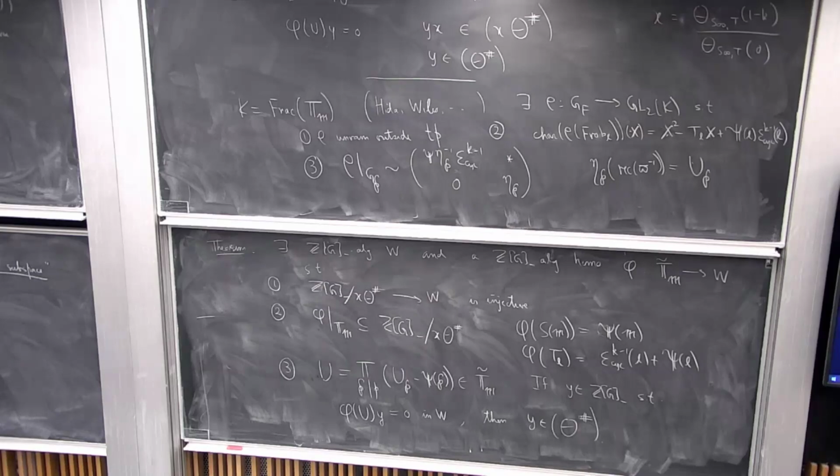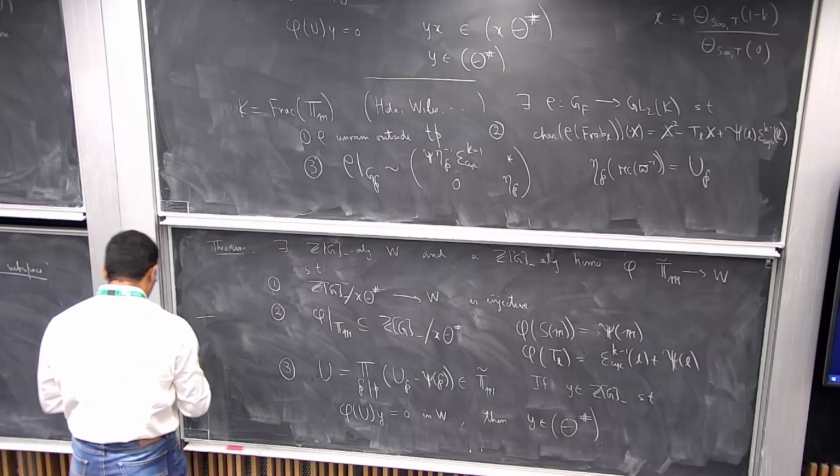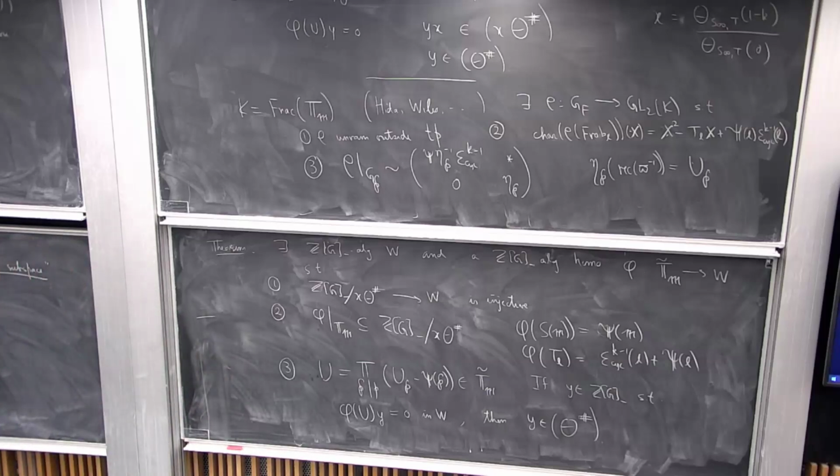Choose a basis of rho such that rho of tau is diagonal, lambda 1, lambda 2. Lambda 1 is congruent to 1 modulo x theta and some power of t, and lambda 2 is congruent to psi of tau modulo the same. Once you have this, you get rho of sigma as A sigma, B sigma, C sigma, and D sigma. Plus there's a change of basis matrix.